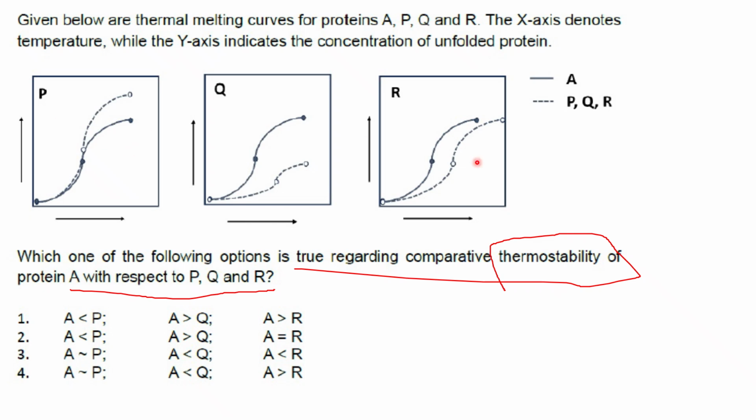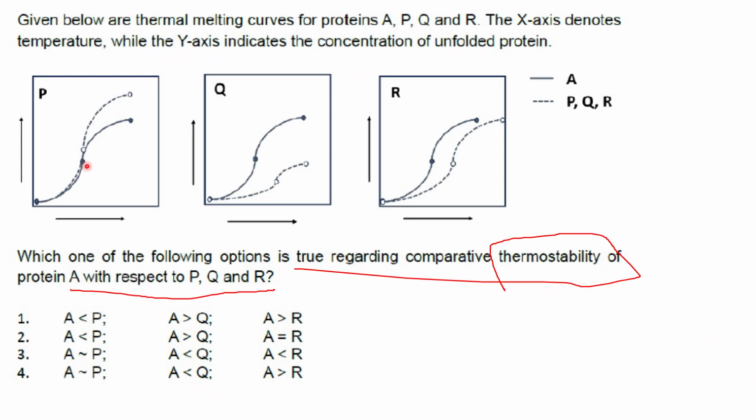So this thermal melting curve tells us about the denaturation process of a protein as the temperature increases, or unfolding of the protein as the temperature increases. And the Tm is the temperature at which half of the protein is unfolded, that is, it has lost its native state and activity.